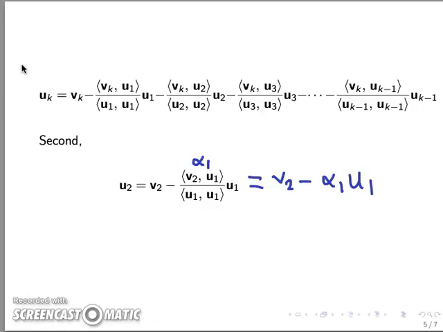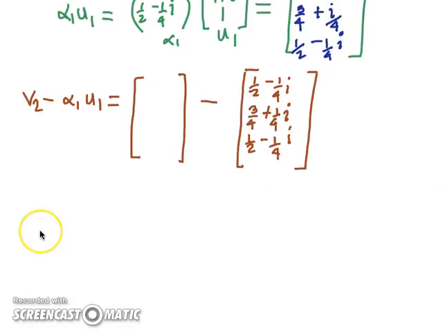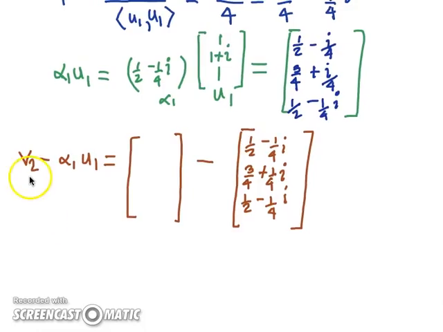So what is next to follow up with this calculation is to compute this subtraction, the fixed vector v2 and the subtraction. You can think of this as an addition of vectors, right? So we want to put those two vectors in the same place and carry out the calculations. So that means that v2 minus alpha 1 u1 is going to take this form, right?